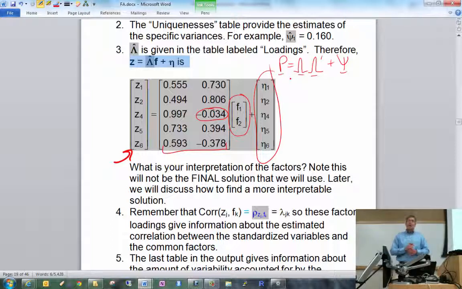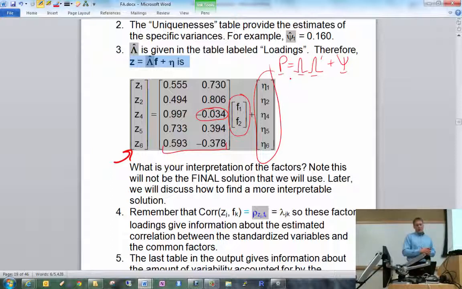And psi is a diagonal matrix with the specific variances of the etas on the diagonal. And so this is what we then use in the process of maximum likelihood estimation in order to come up with estimates for the lambdas and also for the psi 1 through psi p specific variances.